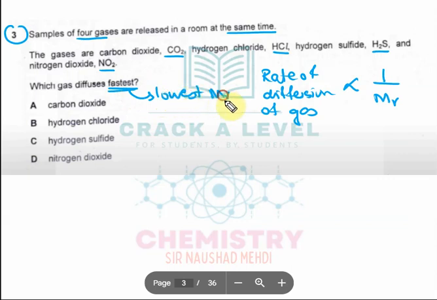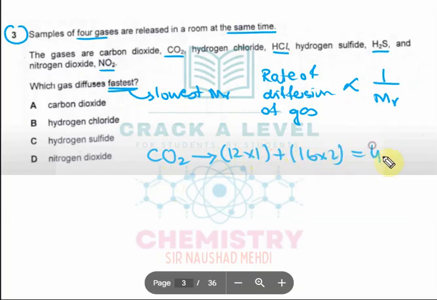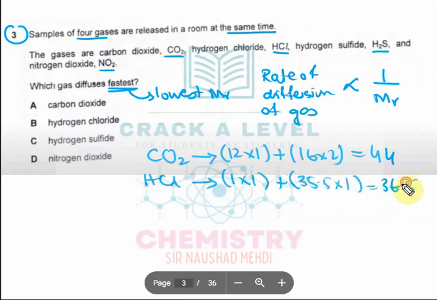So we have to calculate the Mr of all 4 of these. First, carbon dioxide, CO2. You have to use the periodic table: 12 multiplied by 1 plus 16 multiplied by 2, you will get 44. Hydrogen chloride HCl: hydrogen 1 multiplied by 1 plus the Ar of chlorine, 35.5 multiplied by 1, so you'll get 36.5.